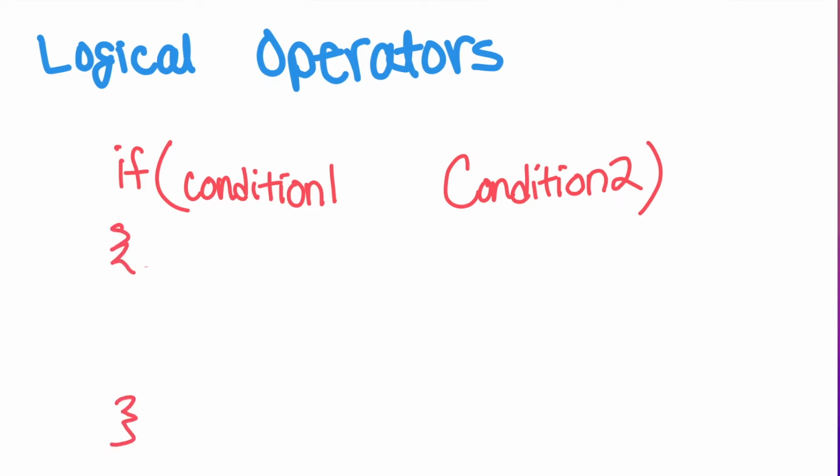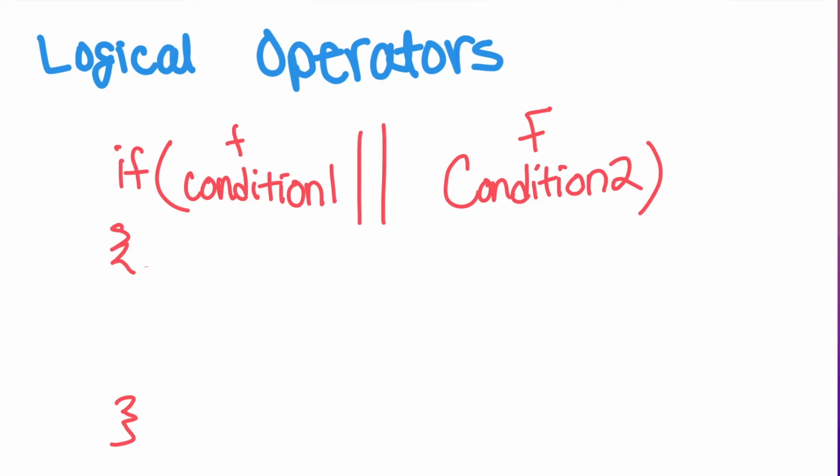For example, let's say you need both of these to be true. You would use the AND operator. Let's say you only need one of these to be true and the other one can be false or true. Then you would use the OR operator.